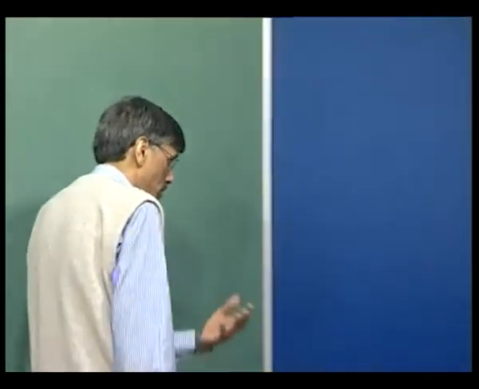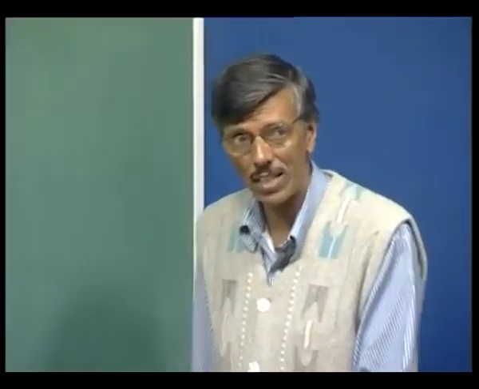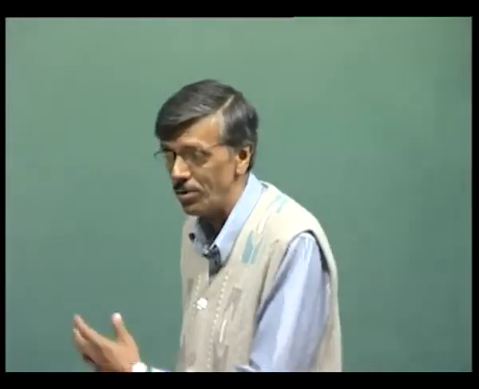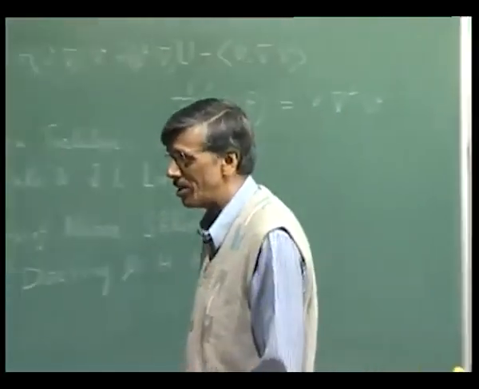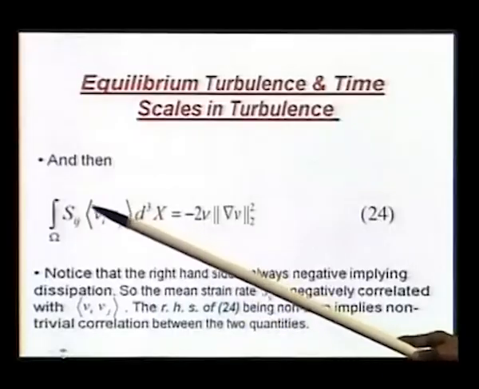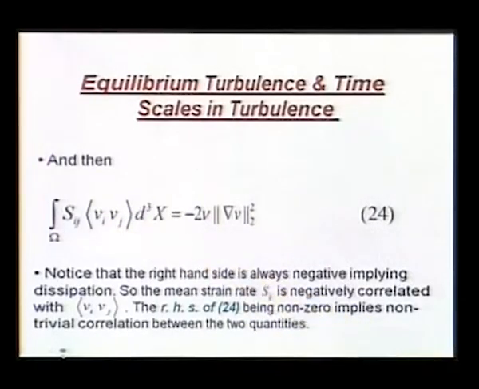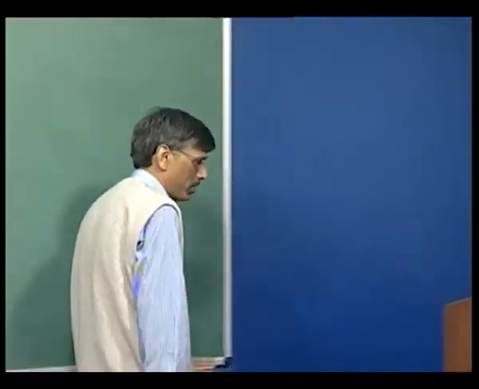What we just now talked about, the fluctuating strain rate is uncorrelated to the mean strain rate, but here we are talking about a different thing. We are talking about the correlation between the mean strain rate and the Reynolds stress. So, this is the velocity second moment, right, a fluctuating velocity second moment.